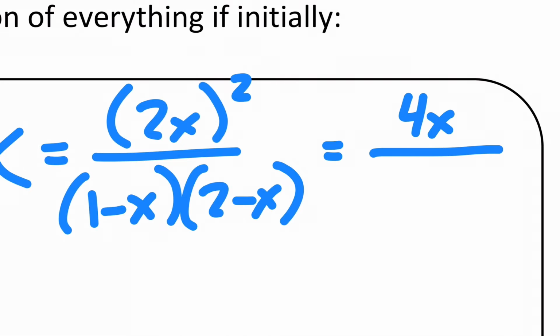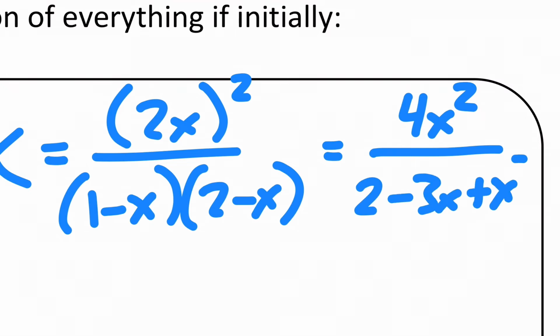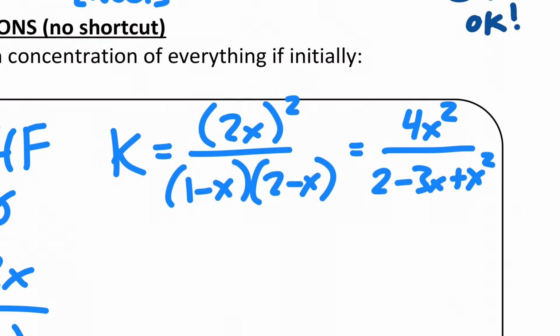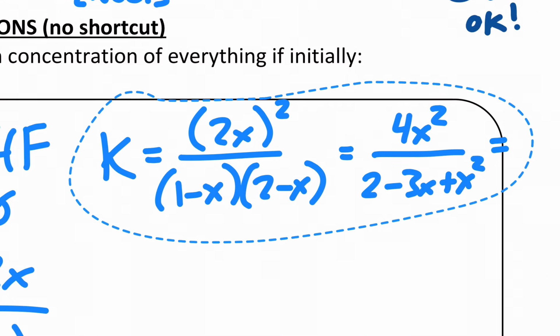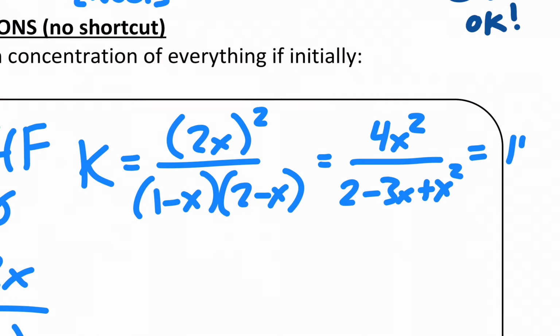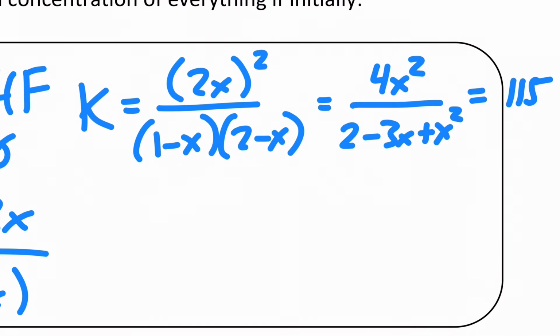That becomes 4x squared in the numerator, and it becomes 2 minus 3x plus x squared in the denominator. And that's all equal to 115 because they gave us the value of K. I know what K is. It's 115. So now let me cross multiply and show solving the quadratic.